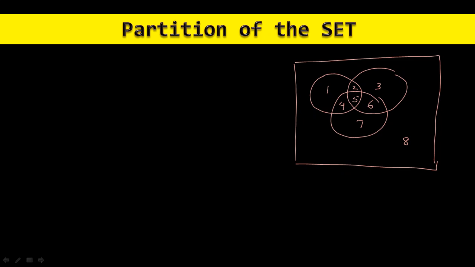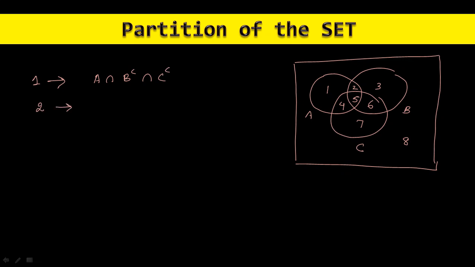First partition, then second, third, fourth, fifth, sixth, seventh and eighth. This one is set A, this one is set B and this one is set C. What about partition number 1? Mathematically, partition number 1 is A intersection B complement intersection C complement, because B and C are not there.